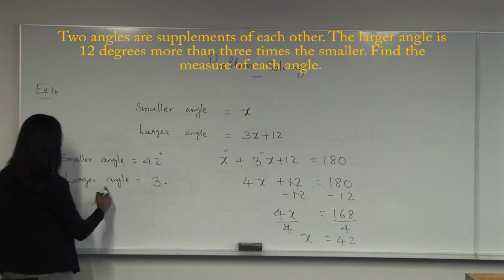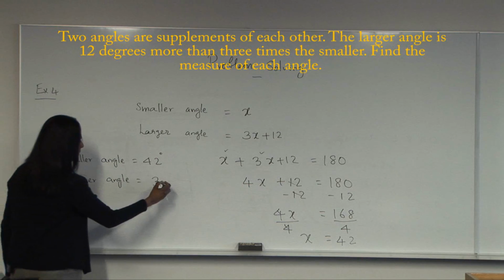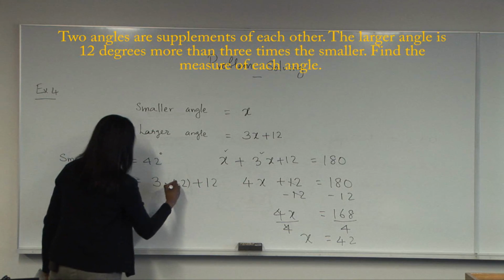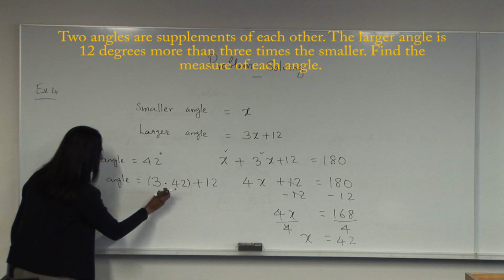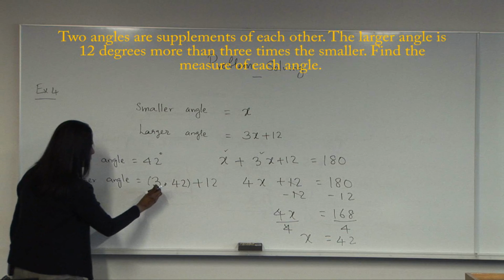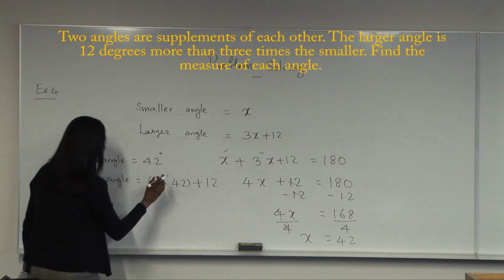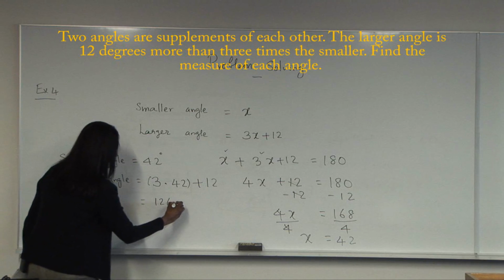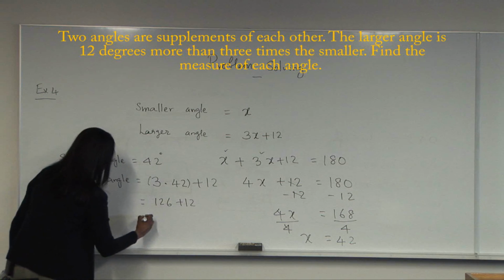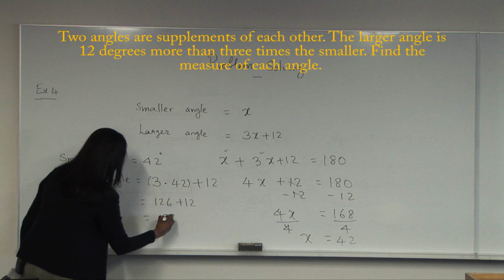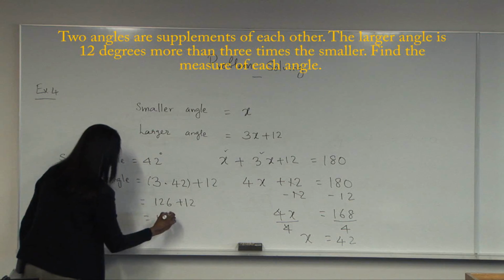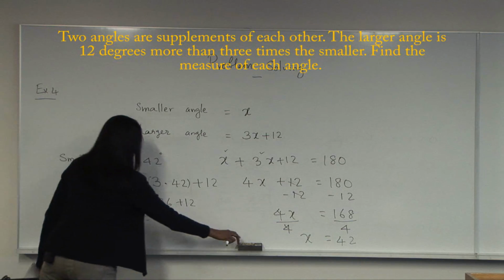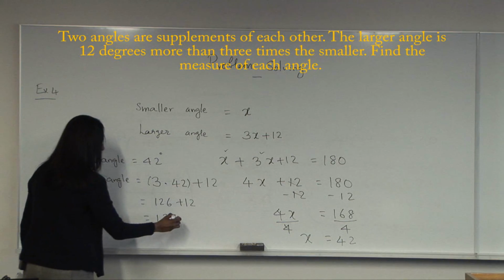So the larger angle is 3 times x, x is 42, plus 12. Okay, so here you have to be very careful. 3x plus 12. So we have to multiply this first and then add. So the larger angle is 138 degrees.